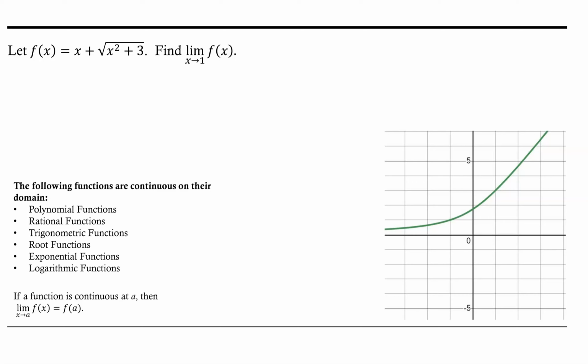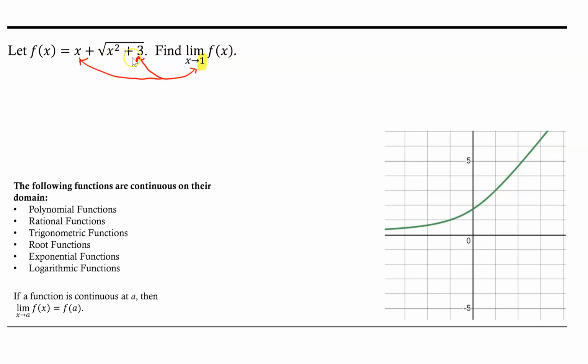And if we look at the value we're interested in with respect to x, we simply need to ask ourselves, is x equal to 1 in the domain of our function? Well, certainly we can replace this leading x with 1.